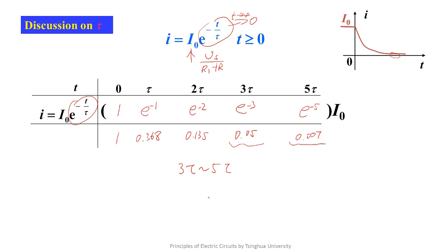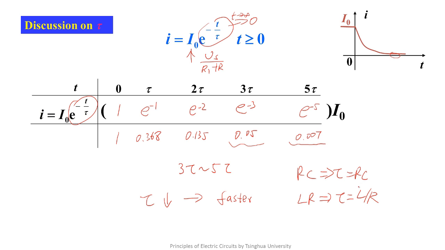This is the second important advantage of tau. The smaller tau is, the faster the transient process changes. You should notice that tau equals RC for an RC circuit and equals L over R for an RL circuit.